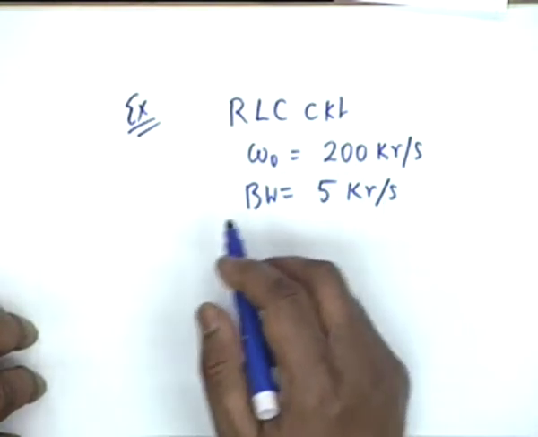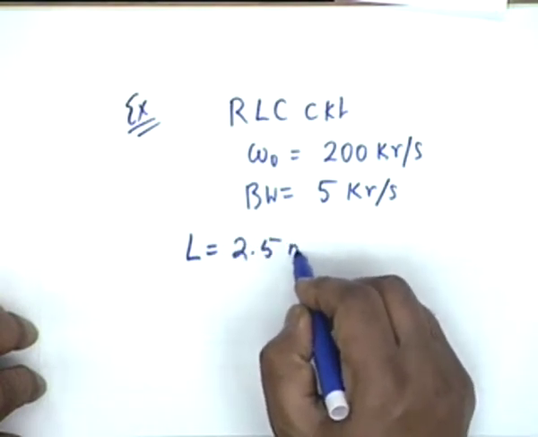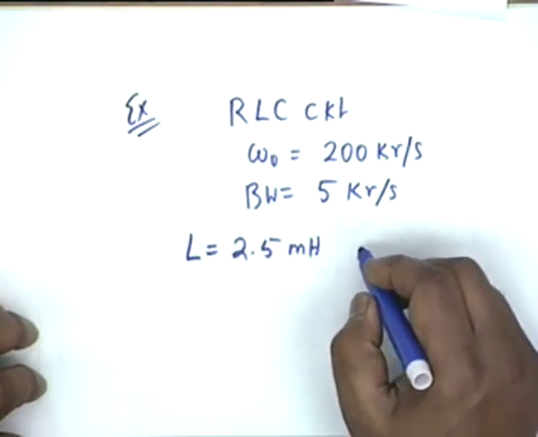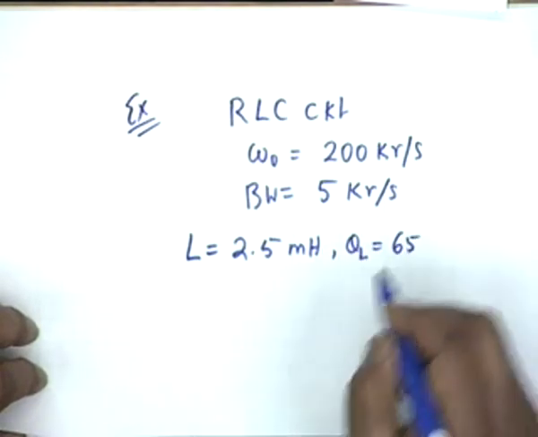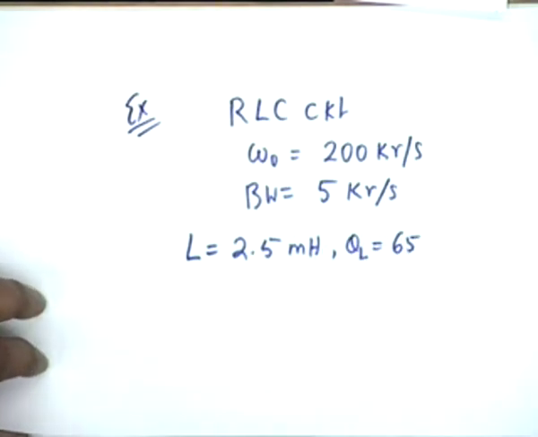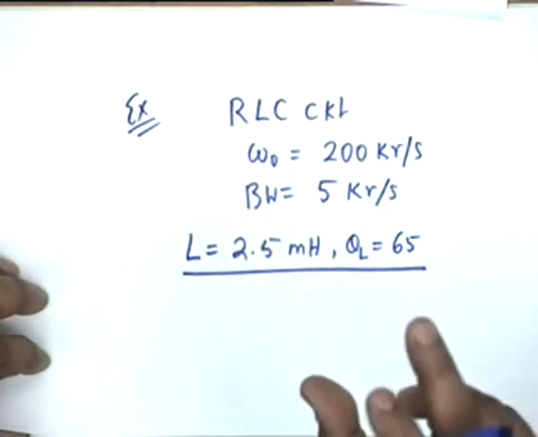You have an inductance of 2.5 millihenry, and the Q of the inductance of 65 is available. What is given to you is an inductance whose value is 2.5 millihenry.